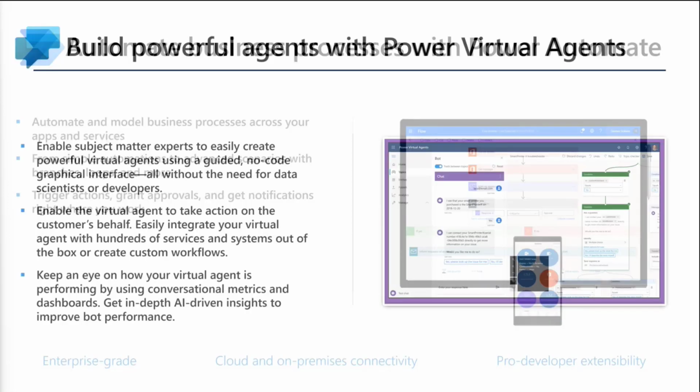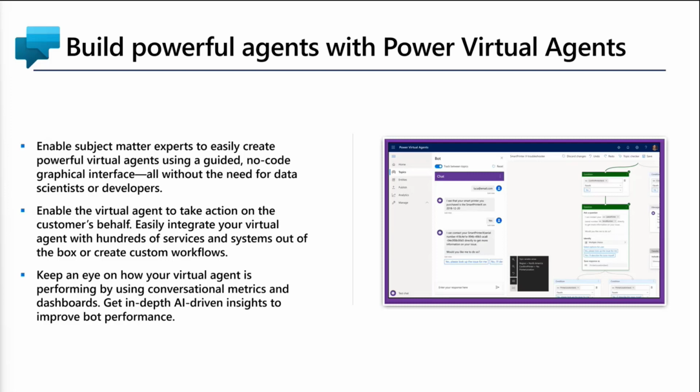One of the last things I like to go to is the Power Virtual Agents. And that's really our last tool in the tool belt when it comes to the Power Platform. The Power Virtual Agent is something that allows us to provide an interactive Q&A format for given chat sessions.